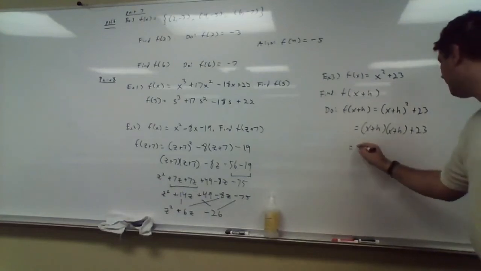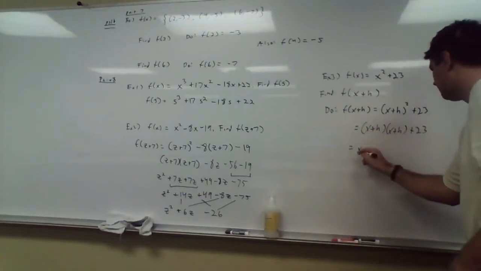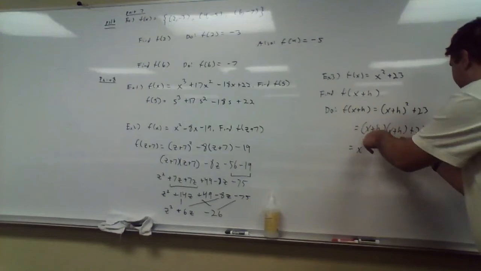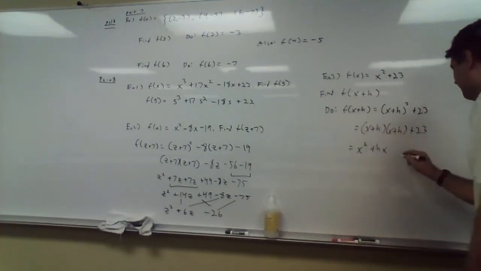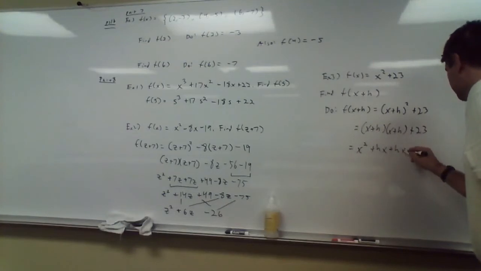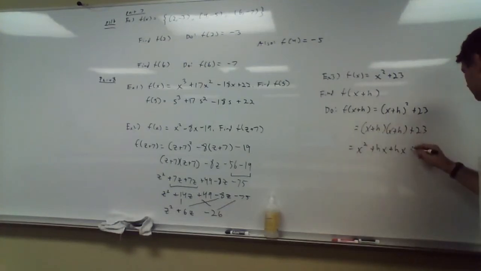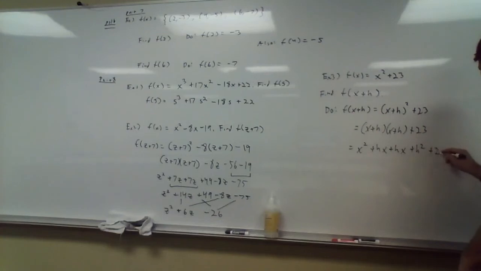Okay? x squared plus hx times another x times h plus h squared plus 23.